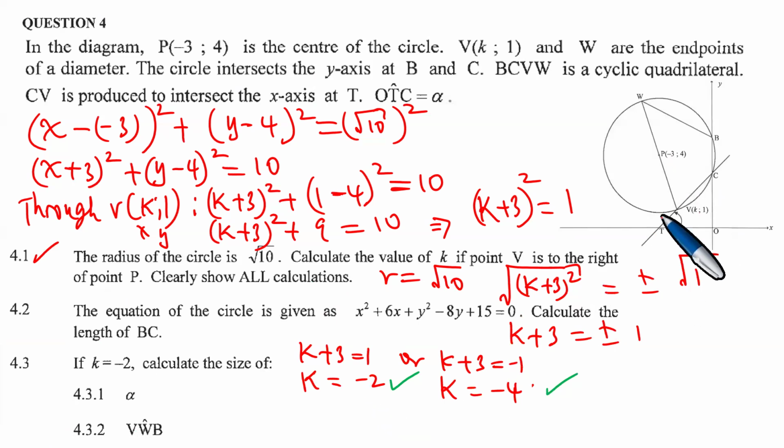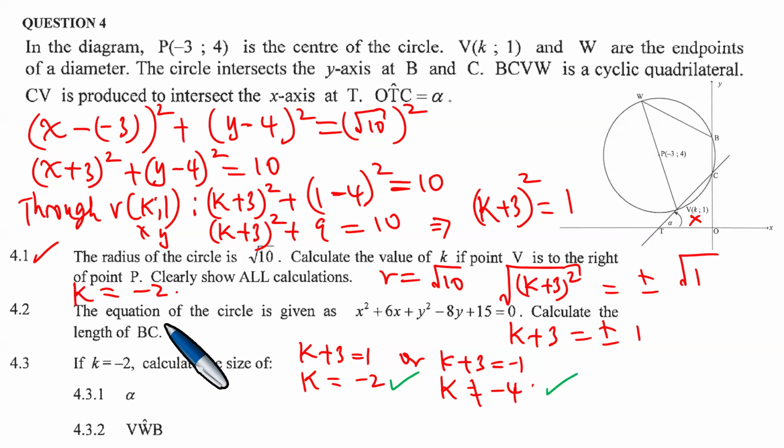If it is to the right, it means that K must be a number that is smaller. K is an X value, so it must be smaller than minus 3. So it can't be this one. And therefore, K is only minus 2 in this question.